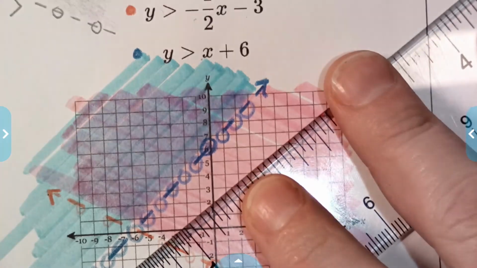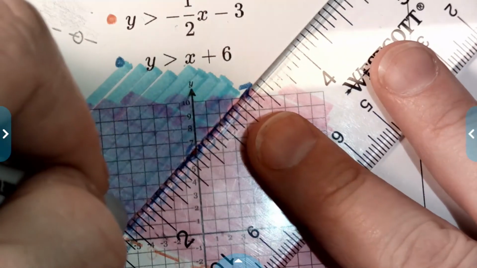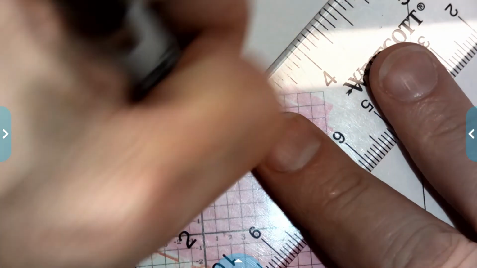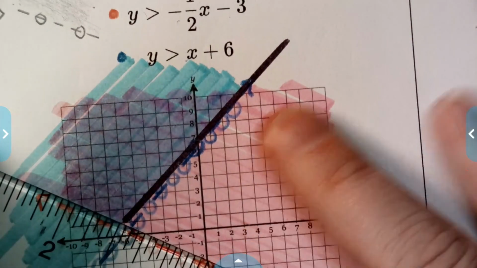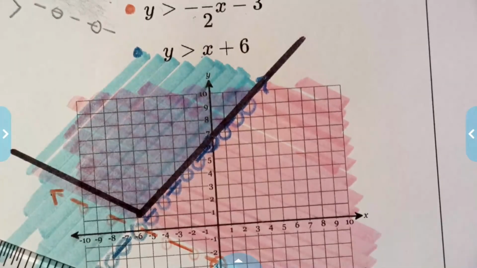So this is my solution region. Okay, that whole area in there.